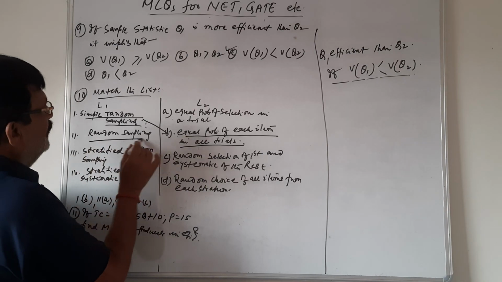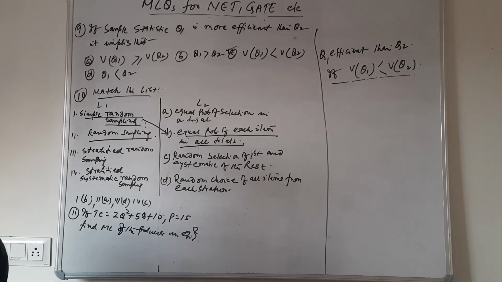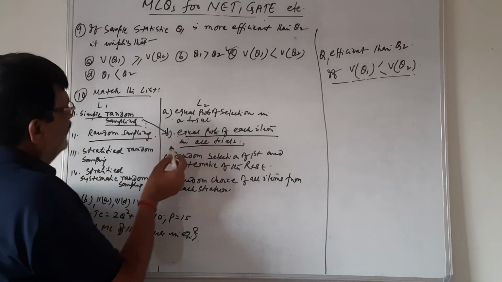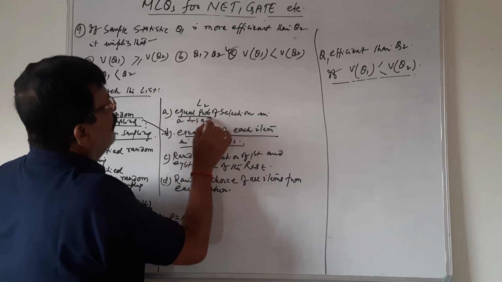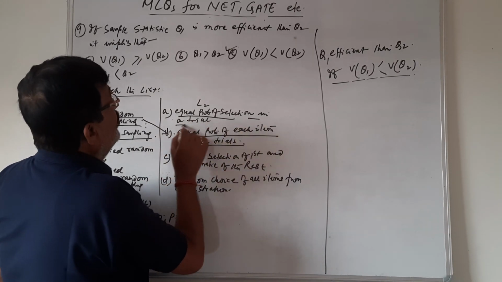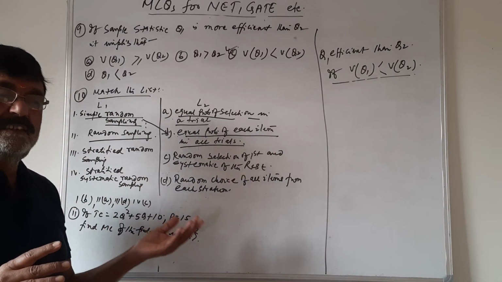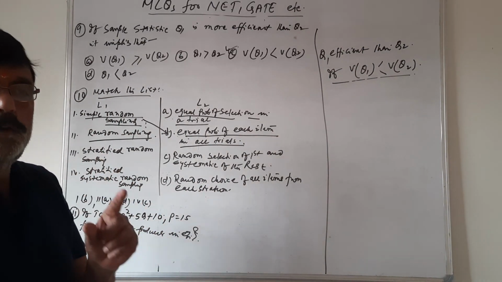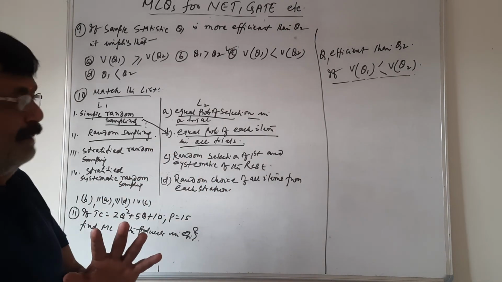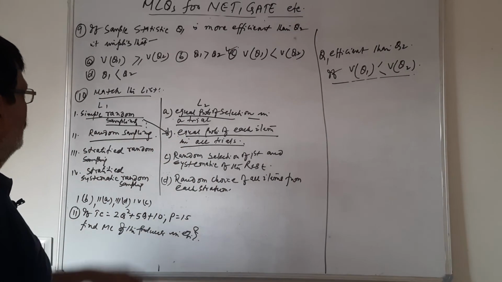Now, random sampling is being said when there is an equal probability of selection in a trial. In one trial, if all the items of the populations are having the same equal probability of being included in the sample, then it is called random sampling.